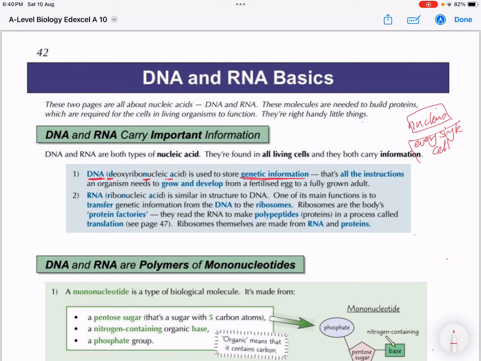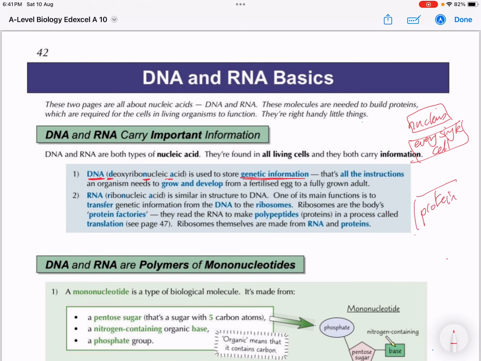Okay, so imagine, guys, you have the same copy of the genetic information in every single cell. Why is this genetic code really important? It is very unique and very specific for each one of us. Now, this code or these instructions code for a particular protein.